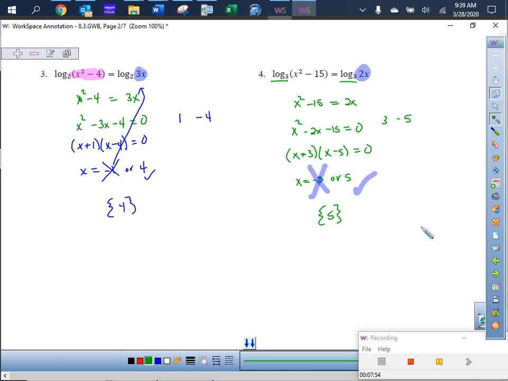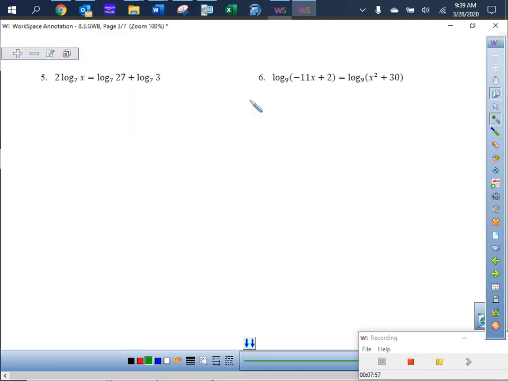So every term has a log with it. As you can see here, now we've got a different situation. This one has a log with it. That's good. This one has a log with it. That's good. And this one has a log with it. So the question is, does every term have a log with it? And that's a big yes.